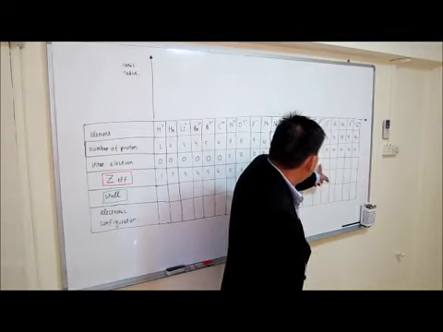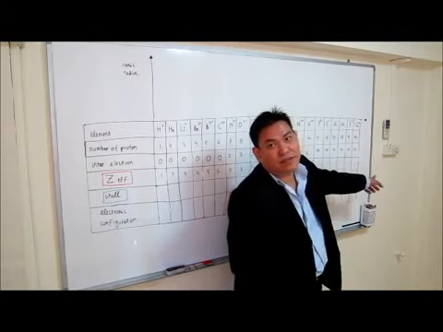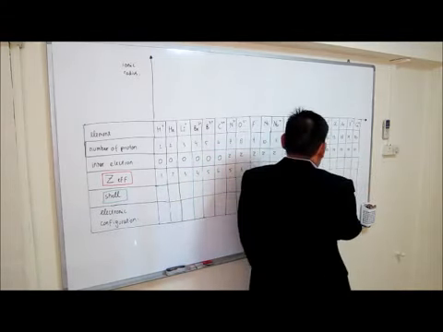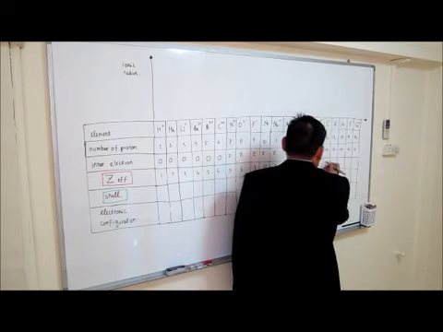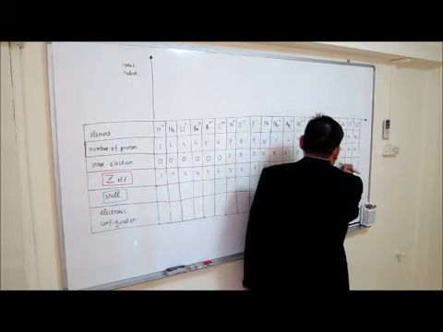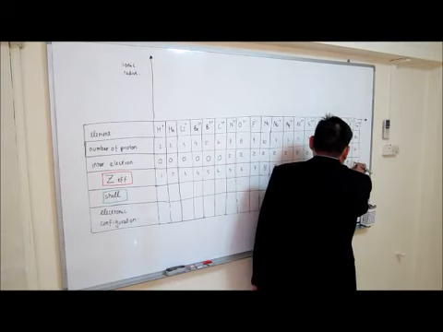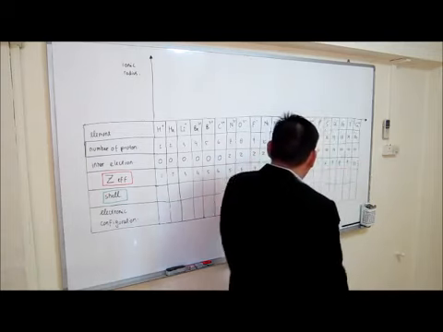From phosphorus 3 minus to Ca2 plus, the number also will be increasing. So we subtract. So 5, 6, 7, 8, 9, 10. Of course.